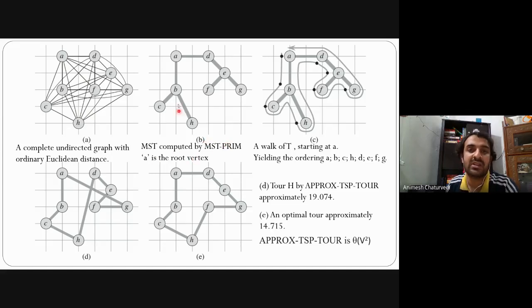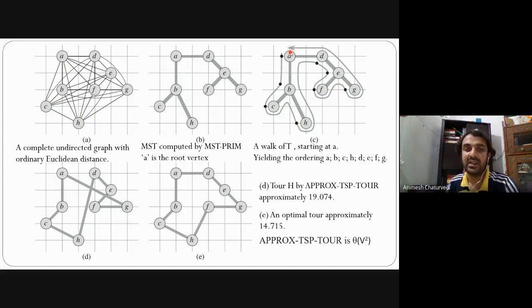We know how to find it. You start with the root A, and then you can do a walk from A back to A. Starting from A, you travel to B, then to C, then to H, and then to D, then to E, then to F, then to G, and then to A.